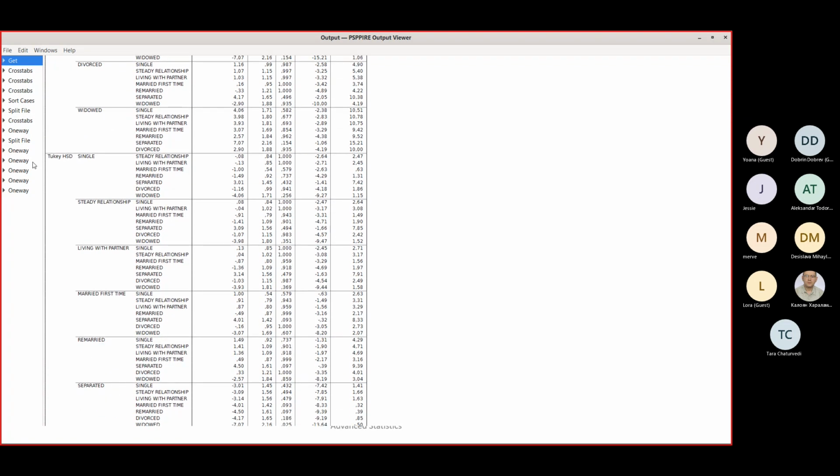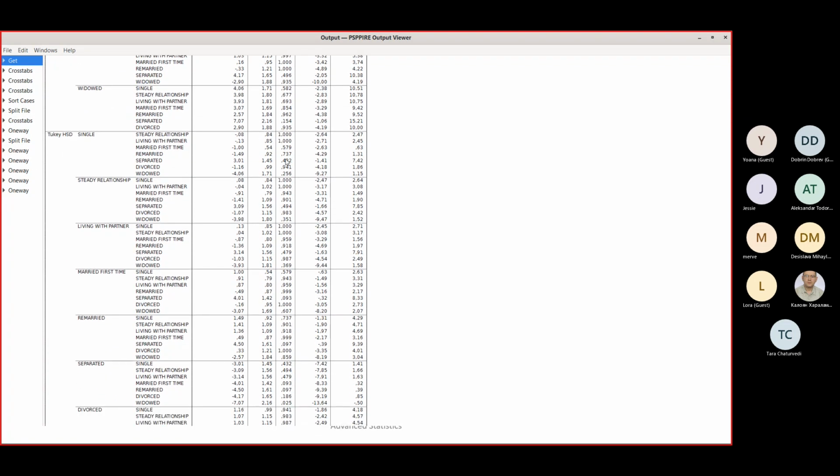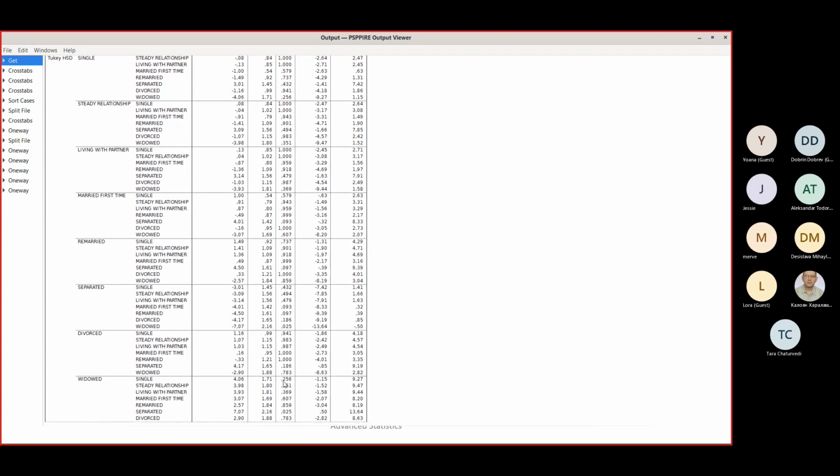And for the Tukey method, here we have 2.5%. Again, for the pair of separated and without. So, according to the Tukey, there is a statistically significant difference only between separated and without.